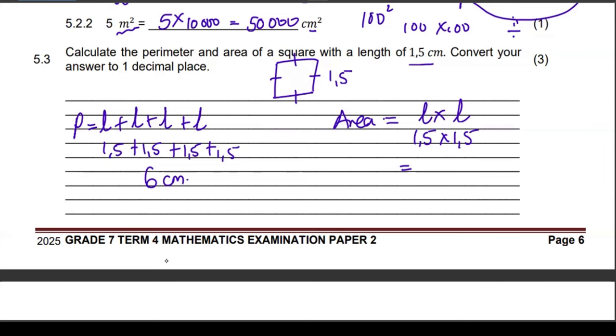So 1,5 times 1,5, I'm getting 2,25 centimeters squared. But then they want the answer to 1 decimal place, so 1 number after the comma. So this 5 is going to increase the 2 to give us 2,3 centimeters squared. So this is what the question wanted.